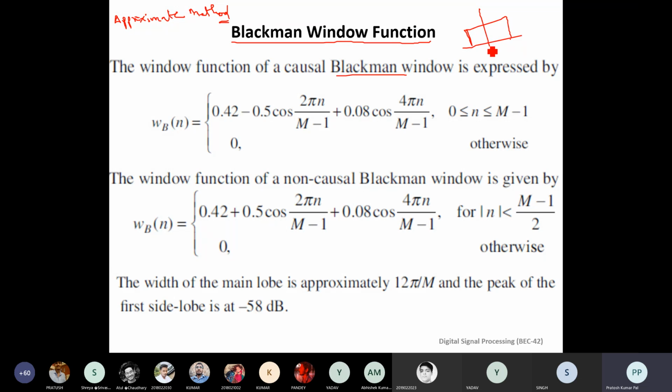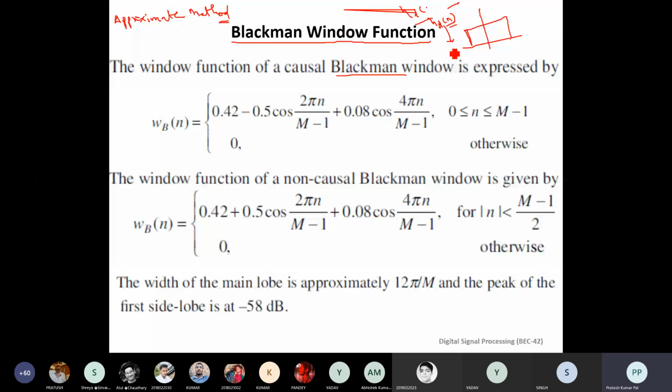Whatever window function we are going to design, our main motive is to restrict the number of samples in the impulse response of our desired impulse response hd of n. So hd of n has an infinite number of samples, and our main motive is to reduce it to a finite number by using a rectangular window.